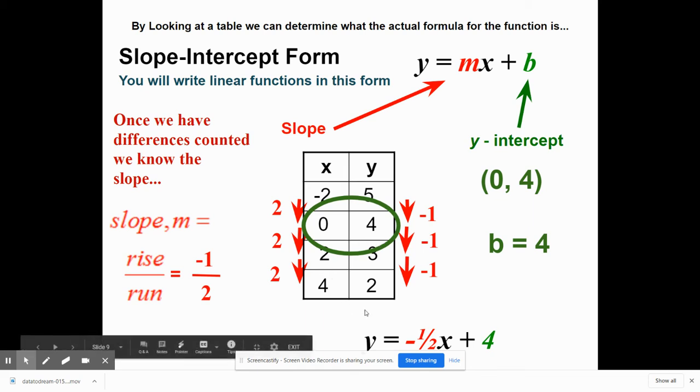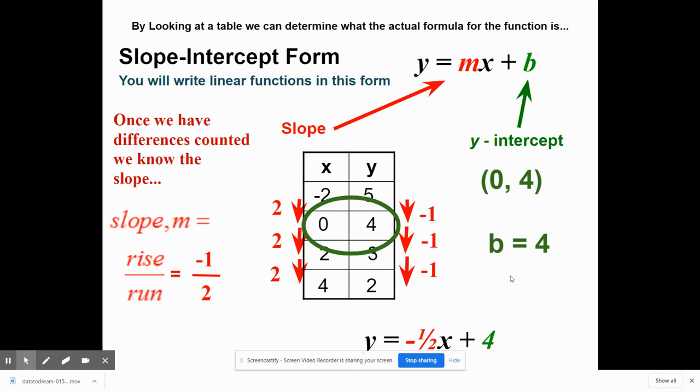We could say y is equal to -1/2 x plus 4, or we could say f of x is equal to -1/2 x plus 4. And that's just another example of how we can use the table to determine the linear function. Okay, it's not that hard.